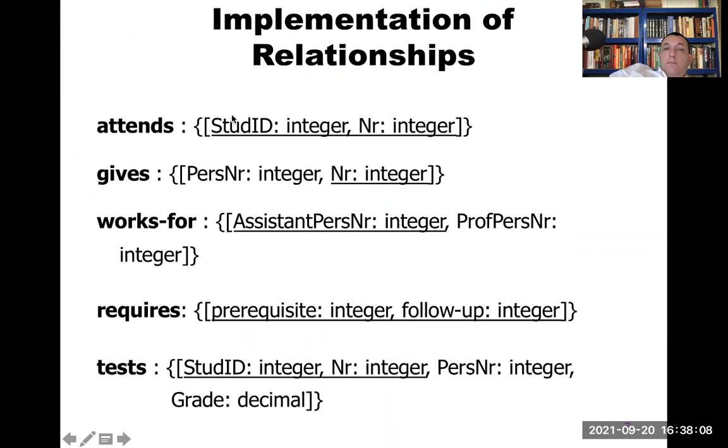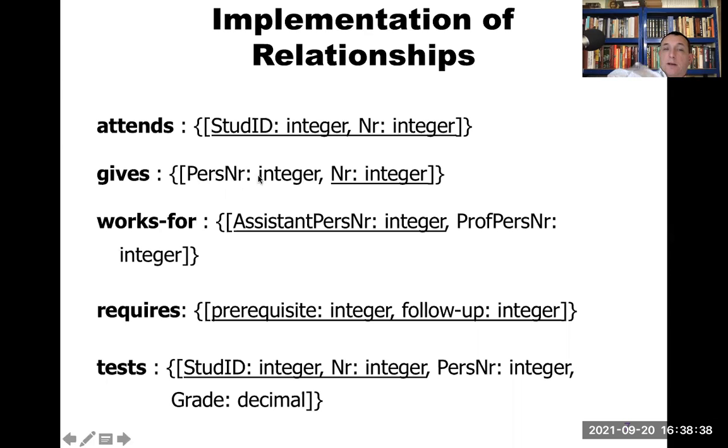Here, many-to-many relationships: all the columns, all the attributes are parts of the key. Every column goes to the key. And in a one-to-many relationship, the one side, person number, professor, is not part of the key. And the many side, ID, that comes from the side of multiple instances, is part of it.